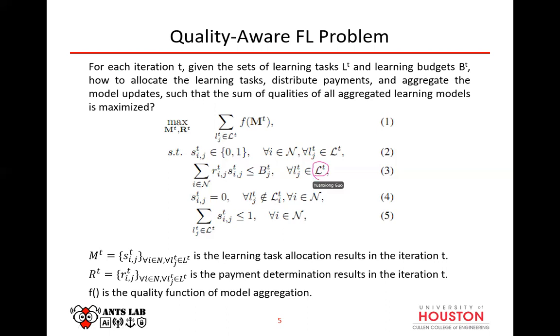This is the LIT. Why is this one an LT? LT is the set of all the LIT. Oh, okay. But then why?